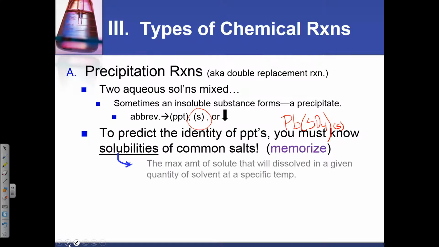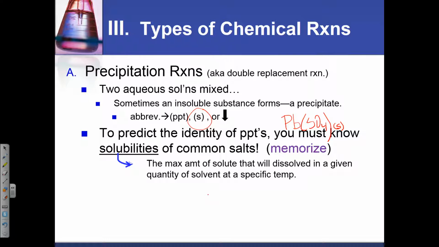But what the solubility of something refers to is the maximum amount of solute that will dissolve in a given quantity of a solvent at a specific temperature. So the solubility of something is determined by the temperature.